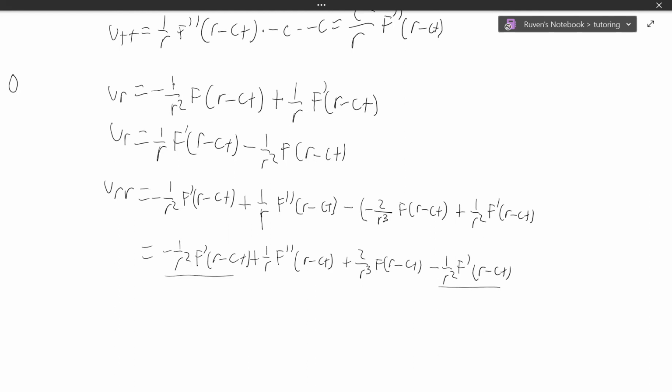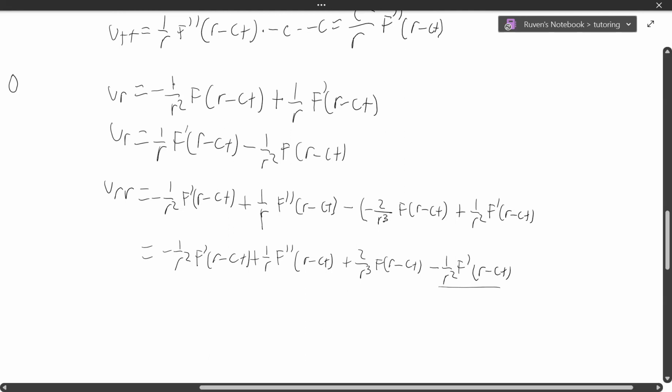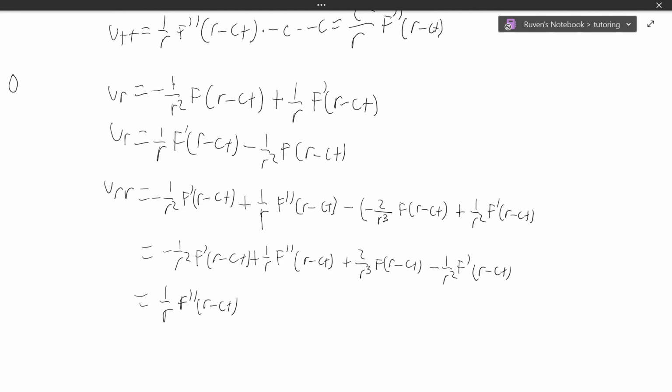These two are going to be grouped. I'm just going to write that quickly one last time. So it equals 1 over r f''(r minus ct) minus 2 over r squared f'(r minus ct) plus 2 over r cubed f(r minus ct).